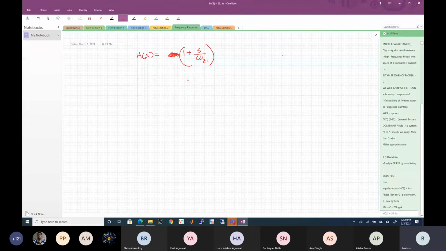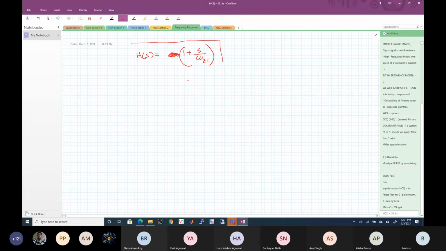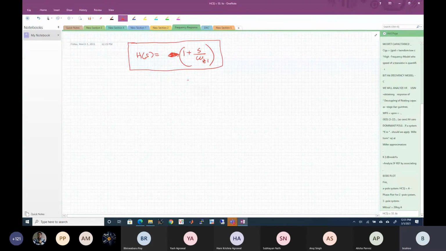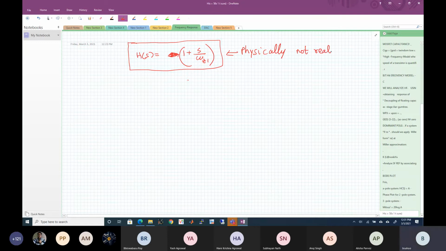I am giving a bounded input, but I am getting an unbounded output here, right? Correct? So anyway, this is physically not realizable.